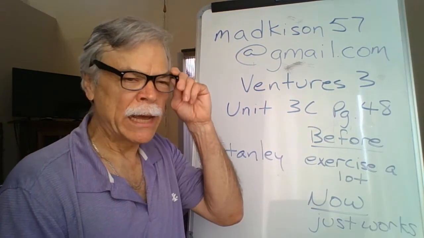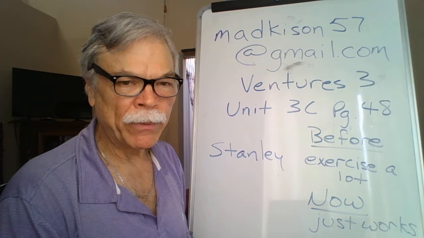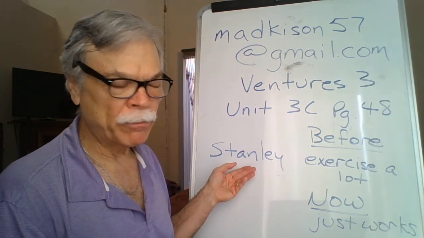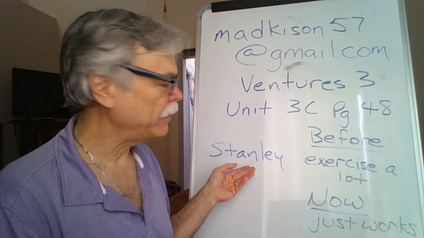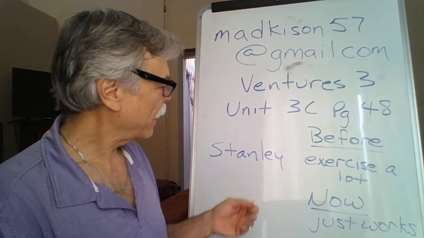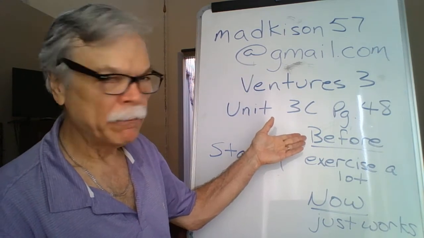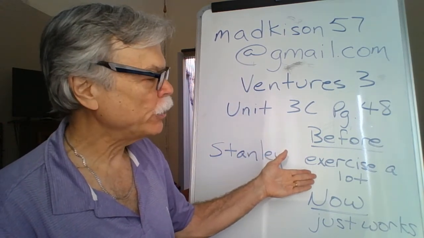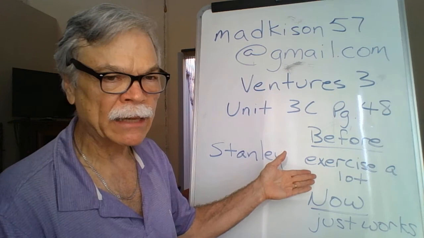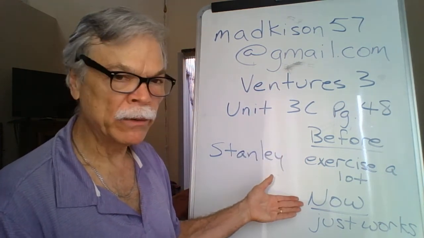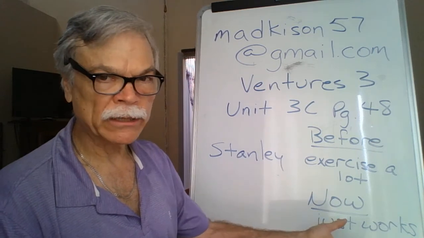Okay, now I've written an example on the board about Stanley, who was the person we read about earlier in Unit 4. And this is what Stanley used to do. Before, Stanley used to exercise a lot. This is in the past. Now, Stanley just works.